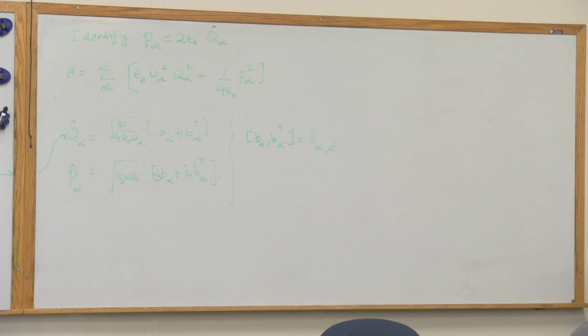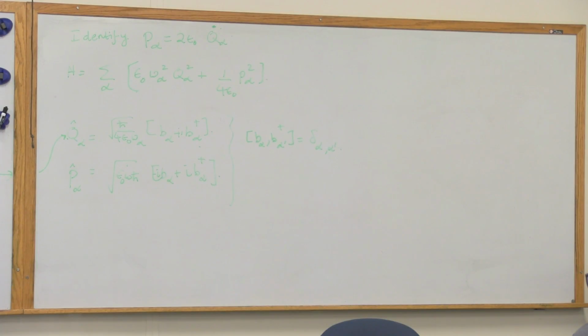So I simply have to go step by step, put it back, and I will get an expansion for the vector potential in terms of these harmonic oscillator annihilation and creation operators. So let's just write that down.